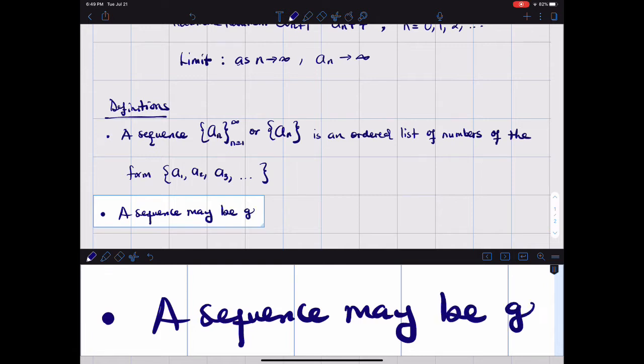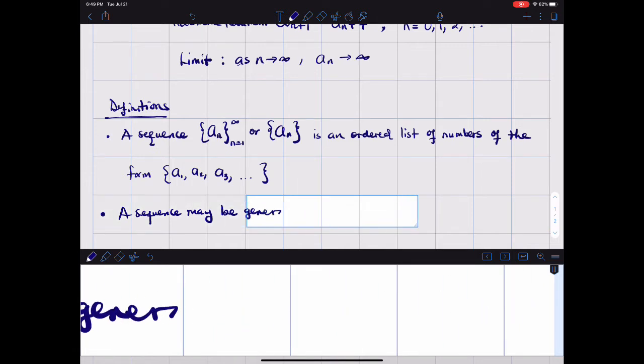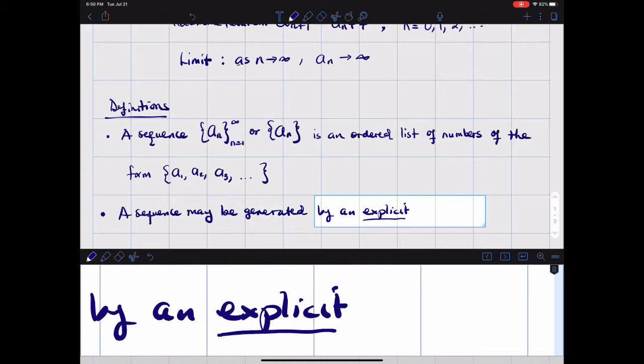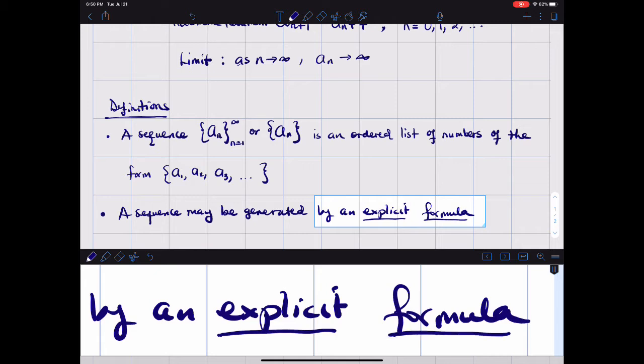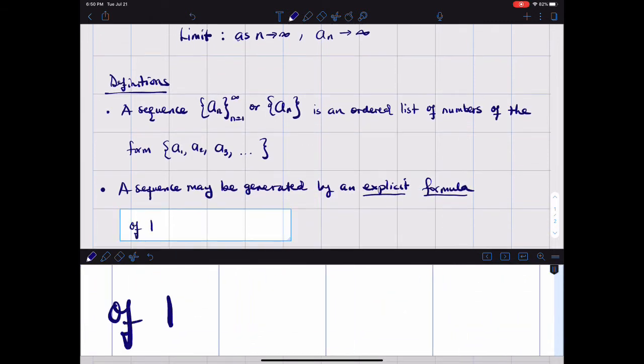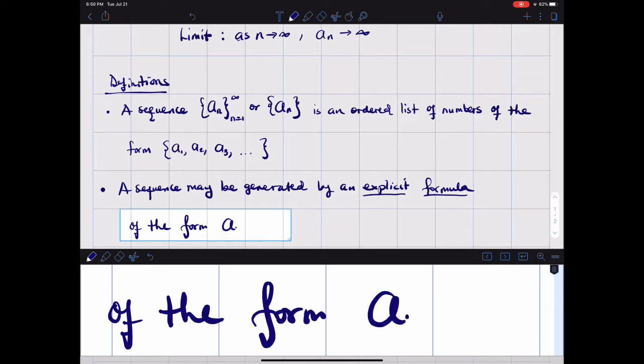So a sequence may be generated by an explicit formula of the form An is equal to f of n.